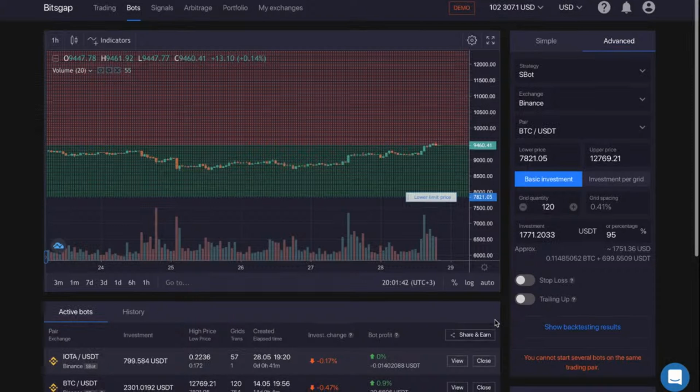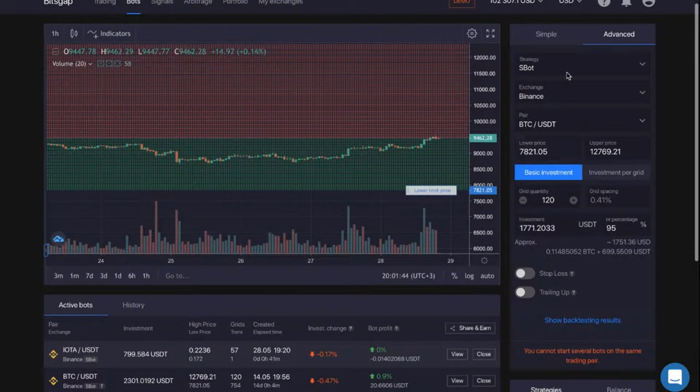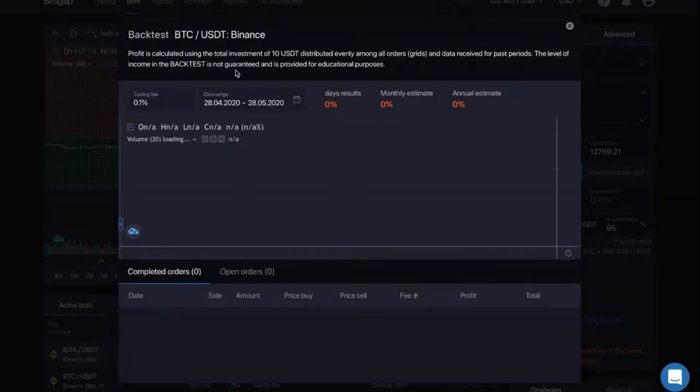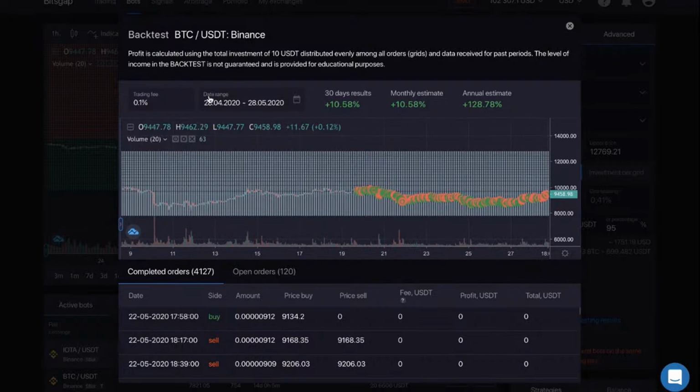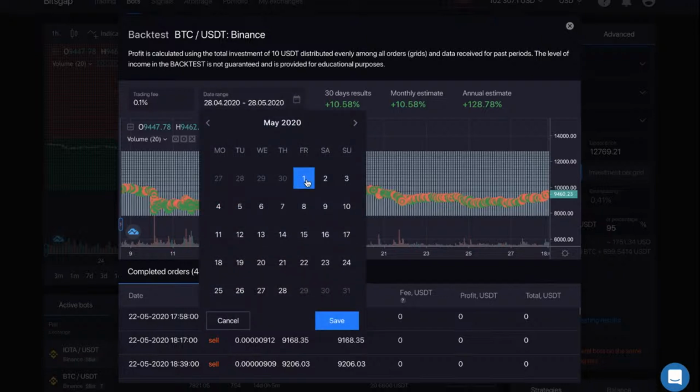So that's the idea. And I'm also testing backtest results, which I have right here. By the way, I forgot to show you how to use the backtest. Simply go to the advanced section, click on show backtesting results, and here you go. You see that the date range is already predefined. It takes the last month, which you can always adjust in any way you want. Let's say we wanted to consider only the period since the 1st of May till the, let's say, 20th of May.